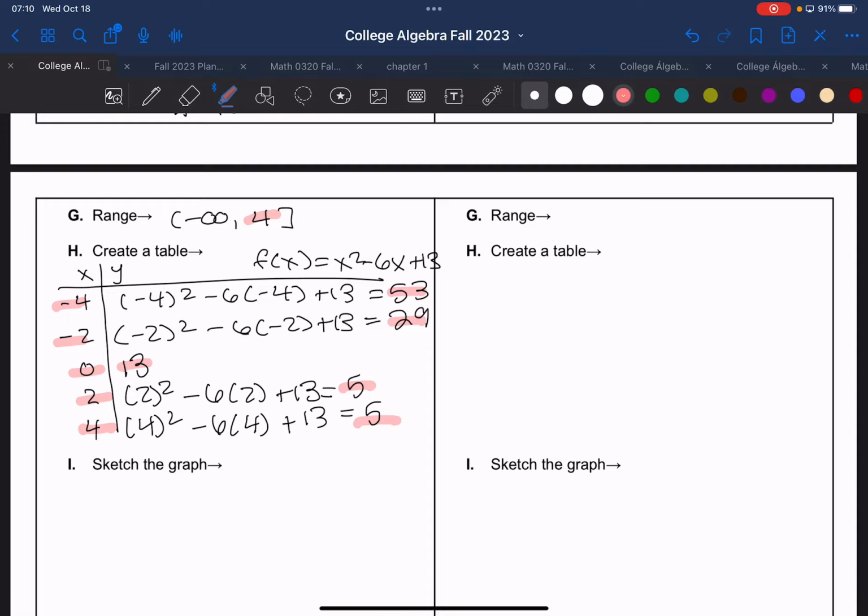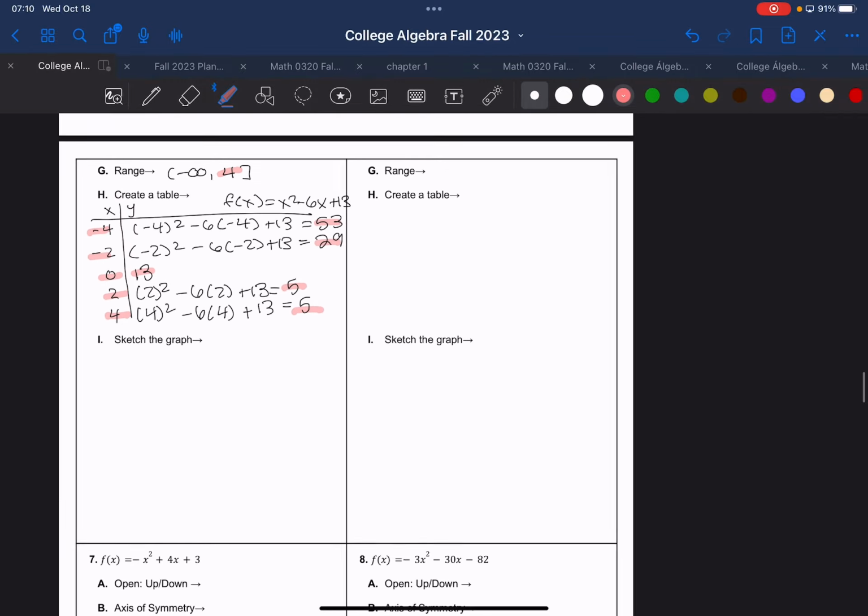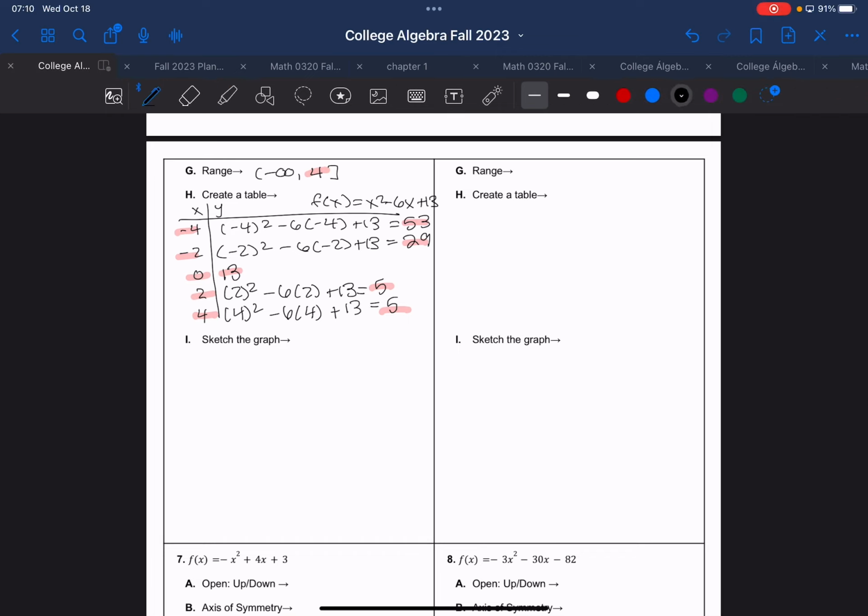So when we are sketching our graph, we're going to first plot those points. Excuse me, Professor. Yes. I don't know what I'm doing wrong, but I'm punching that into the calculator and I'm not getting the same answers. Could you help me a little bit? So I'm putting in -4 squared. Are there parentheses around your -4? No, I'm not sure how to do that on this. Oh, okay. Yeah, so make sure you're typing all those parentheses as well, because on your calculator, if you do -4 squared, it's going to square the 4 and bring down the negative.